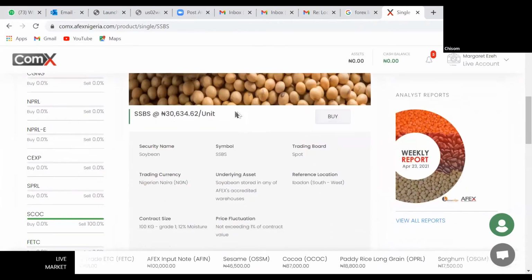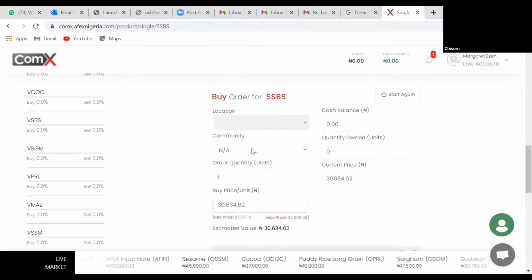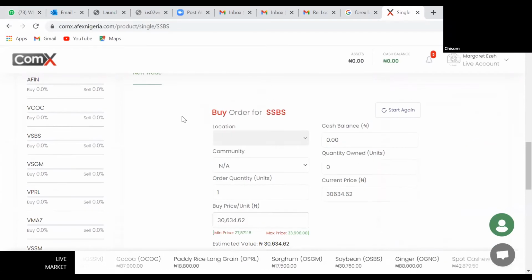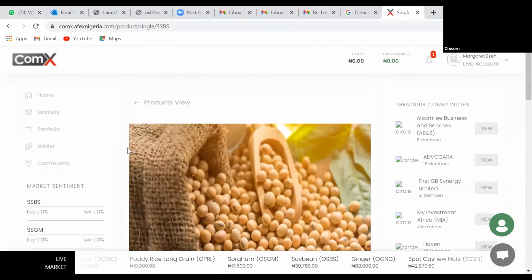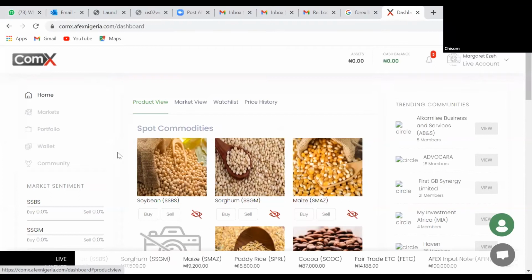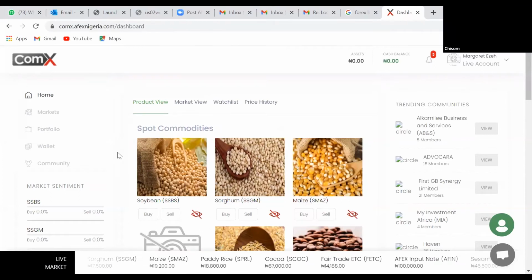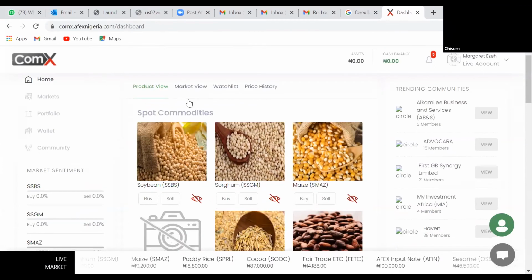When you click on buy, you choose the quantity you want to purchase, and it will show you the current price, and you just go ahead and make a purchase. So that's basically in summary how to go about placing a buy order on the ComX platform.